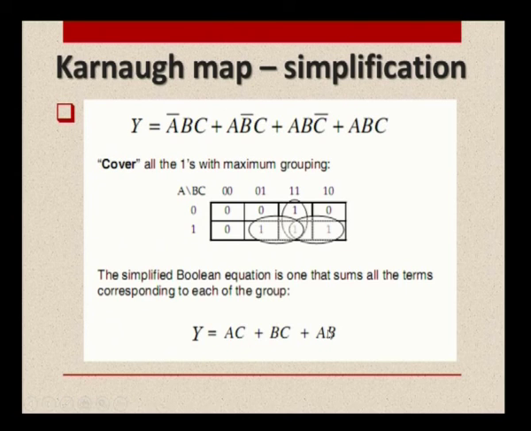We have not used any other technique, we have not used the identities or De Morgan's, but we used the K-map technique. Actually, the K-map technique is an improved version of De Morgan's. De Morgan's is always true, but that is a basic rule. This Karnaugh map helps us to implement the De Morgan's rule in a very effective way.